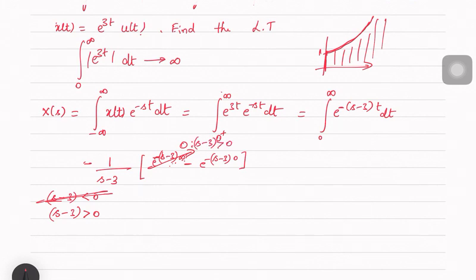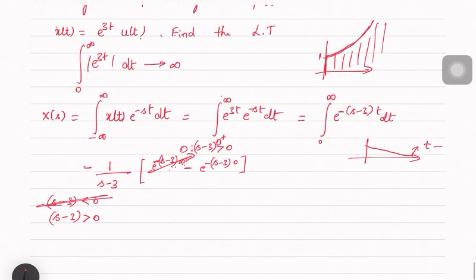As t tends to infinity, an exponentially decaying signal goes to 0. And this other value is obviously equal to 1. So 0 minus 1 is minus 1, minus into this minus will be plus, so this will be 1 by (s minus 3).